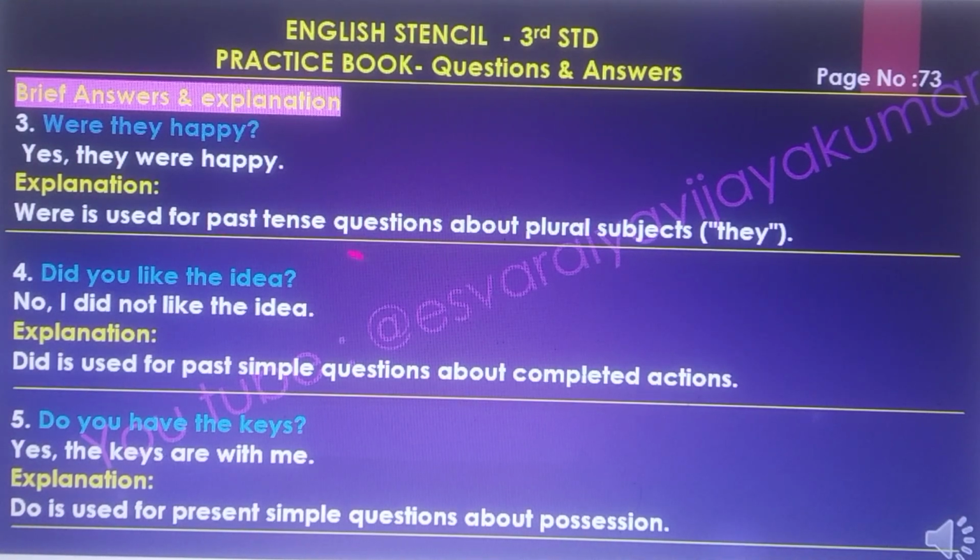Were is used for past tense questions about the plural subject they. Did you like the idea? No, I did not like the idea. Did is used for past simple questions about completed actions. Do you have the keys? Yes, the keys are with me. Do is used for simple present tense questions about possessions.